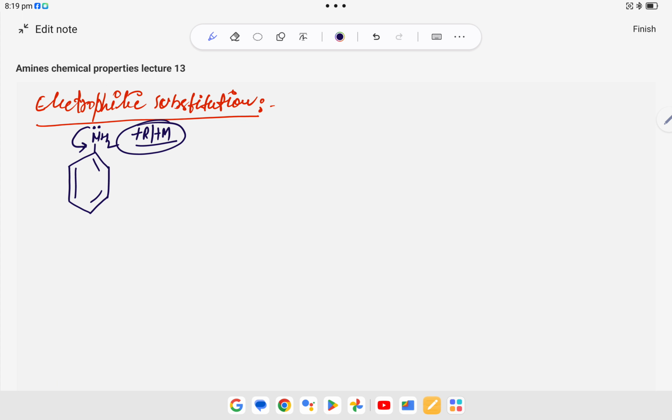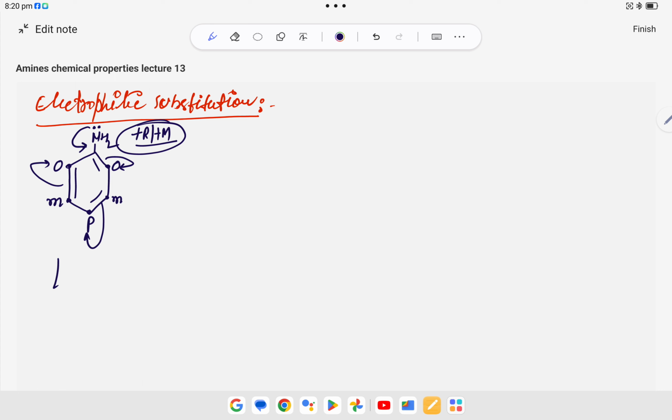Then resonance is possible. Here this is the ortho position, this one is also ortho, this is the para position, this is the meta position, this is also a meta position. So because of the resonance, these electrons will shift here, these electrons shift here, these electrons shift here.